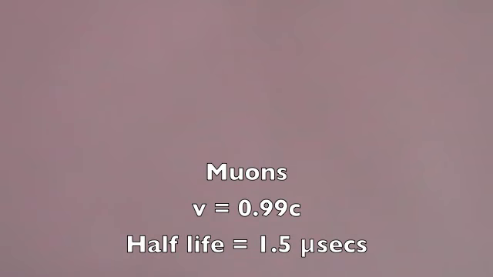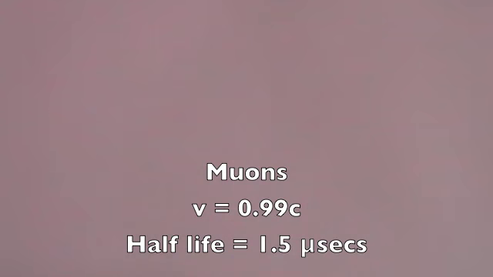Now, an experiment has actually been done to demonstrate the reality of time dilation. And it's all to do with particles called muons and muon decay. Muons tend to be created in the upper atmosphere as a consequence of interaction of rays and particles that come from the sun, and then they fall down to Earth.